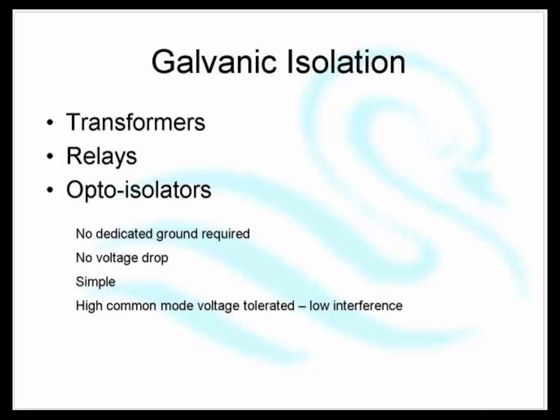So the galvanic isolators are much better at getting rid of noise. They are more reliable. They won't blow up when you test them. On the downside, they're new. They're newish anyway. And they are more expensive.